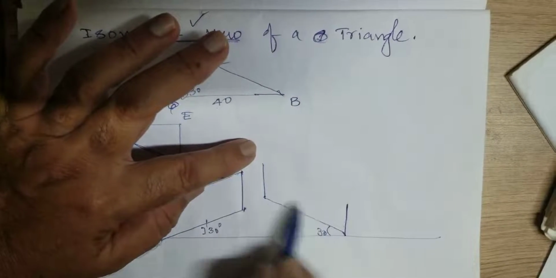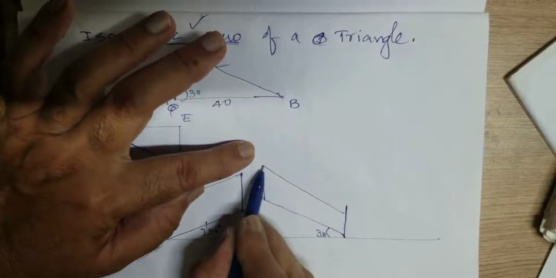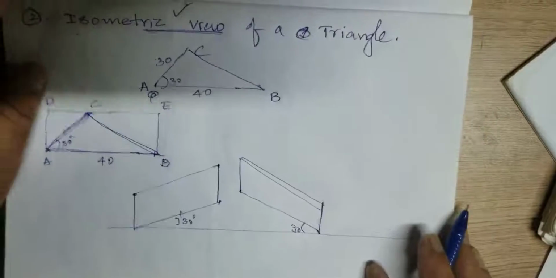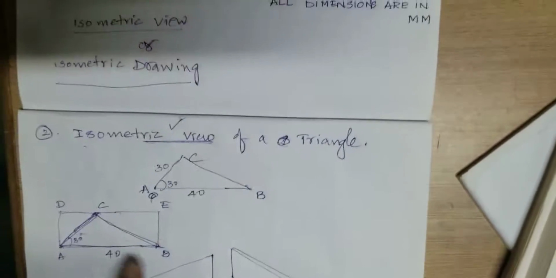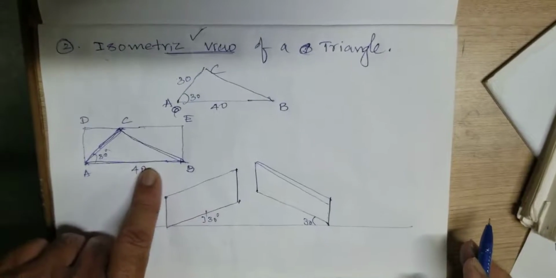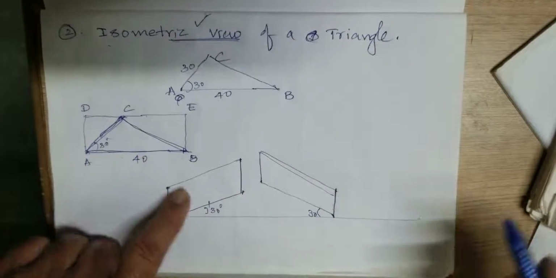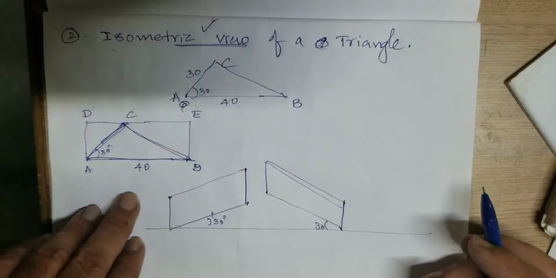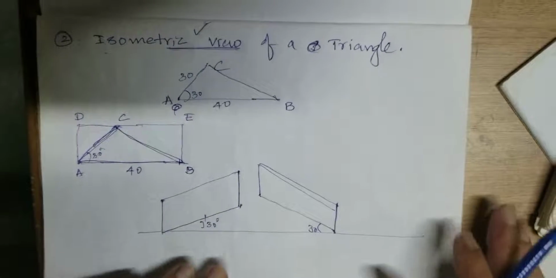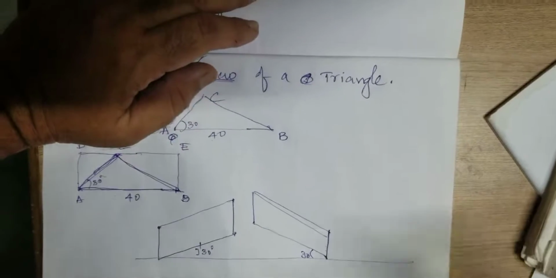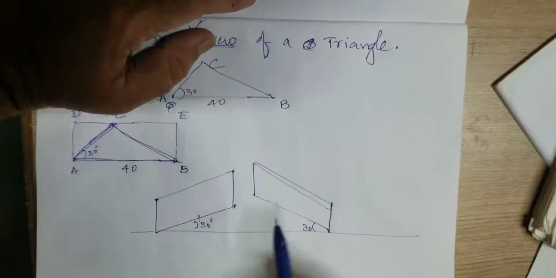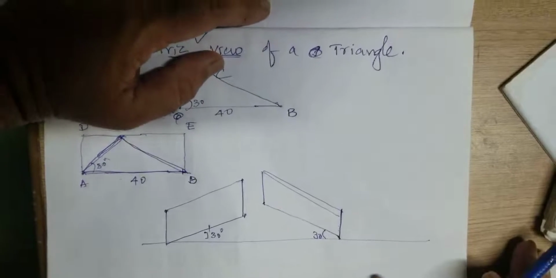This line is parallel to this line. Now one more, we are having a rectangle here. You take it like this. No problem. Two are enough here, because it is a triangle.